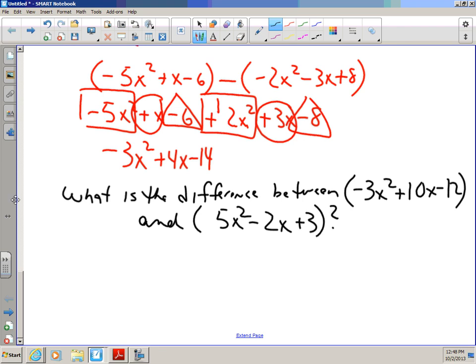Now, because I want to know what's the difference between this polynomial and that one, I do not need to change the order. It will go as written in the original problem.